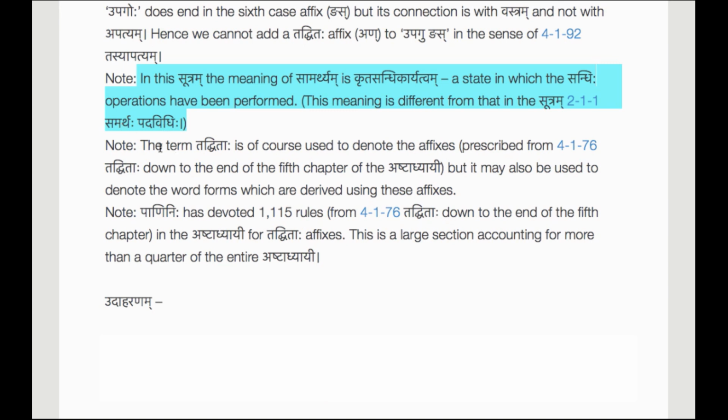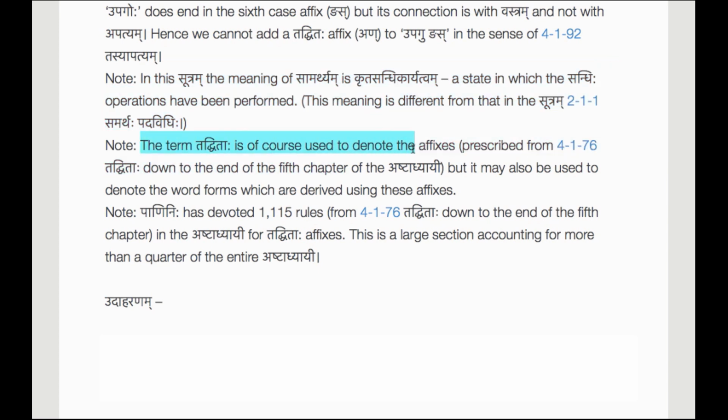The next note here says that the term tadhitaha is of course used to denote the affixes described from 4.1.76 tadhitaha down to the end of the 5th chapter of the Ashtadhyayi, but it may also be used to denote the word forms which are derived using these affixes. It's a little bit strange because when we did the krit affixes, the term krit denotes just the affixes, while the pratipadikam formed using a krit affix is called a kridantam, a term ending in a krit affix.